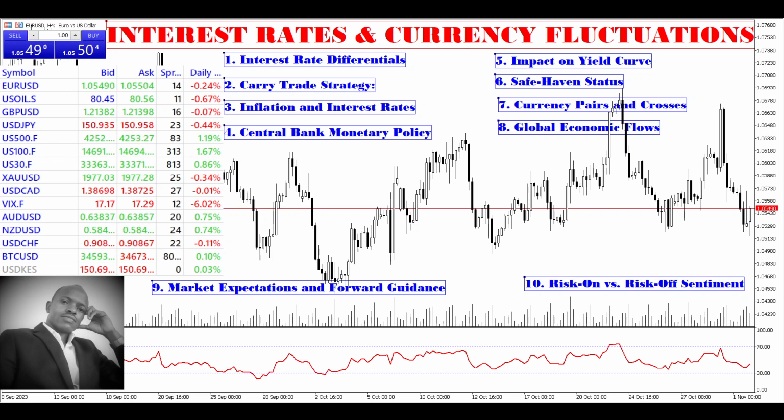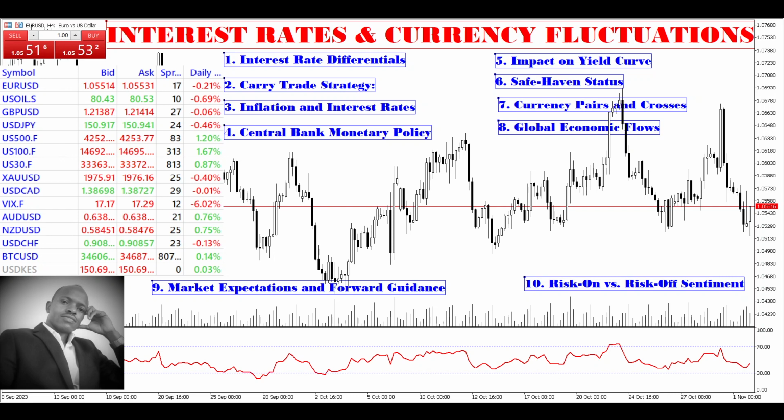As interest rates rise, more investors are likely to invest in the dollar in comparison to other currencies that it's traded against, such as the euro, sterling, Japanese yen, and Swiss franc, amongst others.